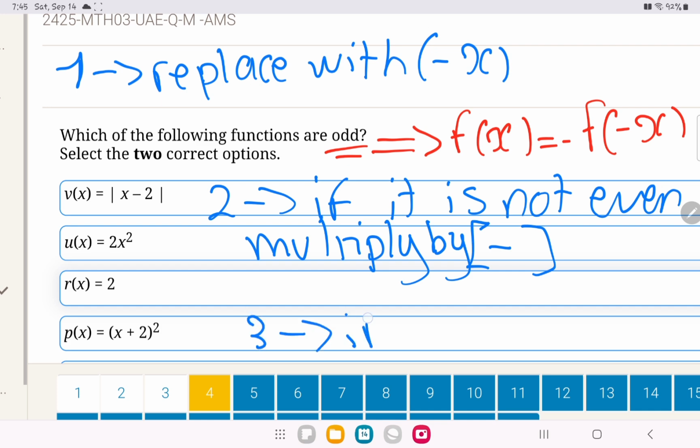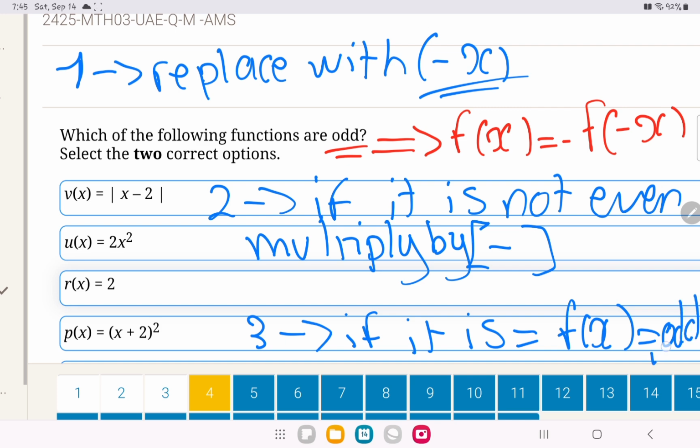Third step, first we replaced with negative x, but then it was not even because f(x) was not equal to f(-x). So what did we do? We multiplied the whole equation by negative, okay? So now if this whole equation is equal to f(x), then it is odd.